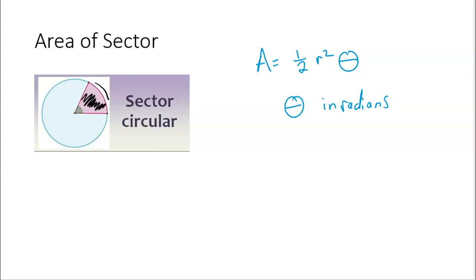Our area of a sector, and this is why we didn't use A, is found by using this formula: A is equal to 1/2 r squared theta, where A is your area, r is still your radius, and theta is in radians. So again, it's this shaded area. A lot of these things you are just going to plug in and see what's happening. Okay, so let's test out a couple of our examples.